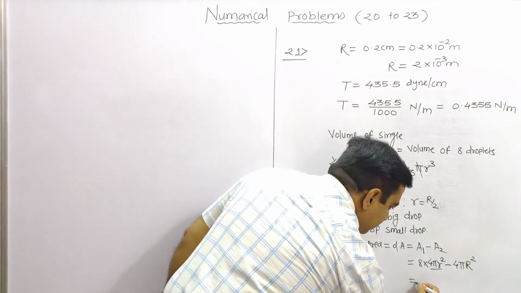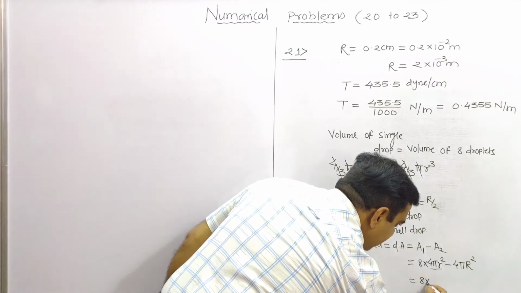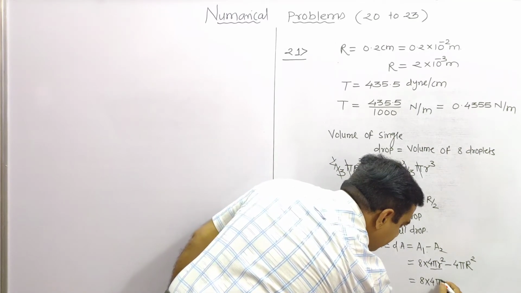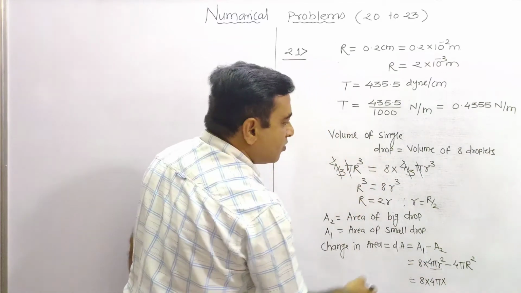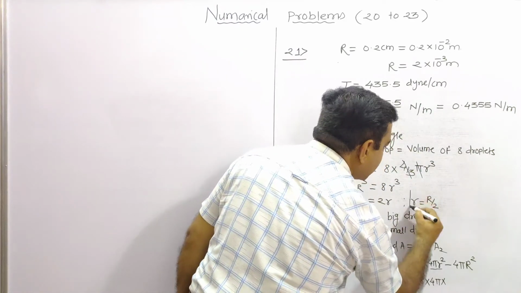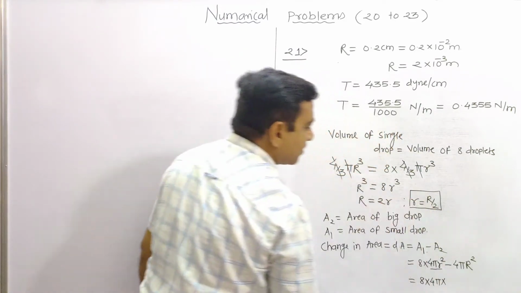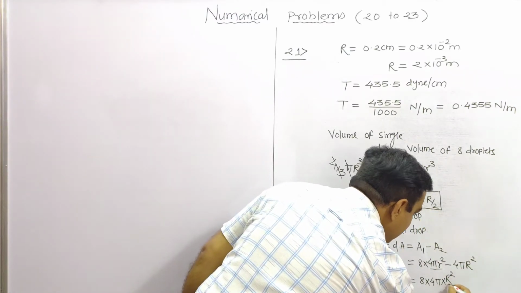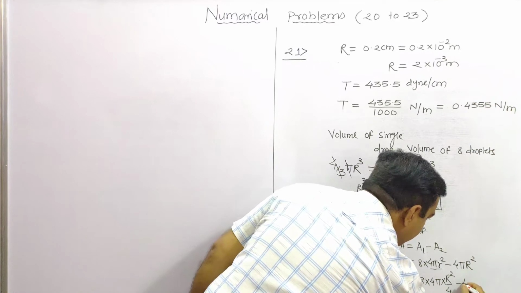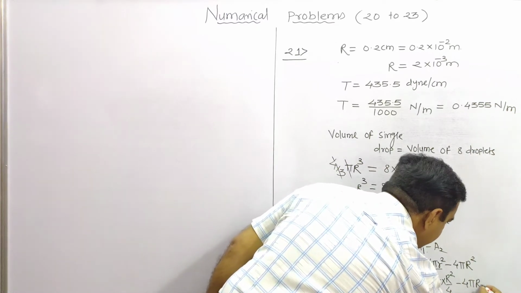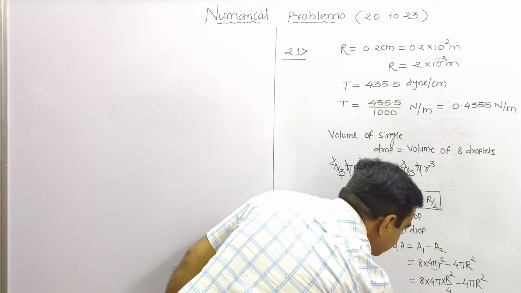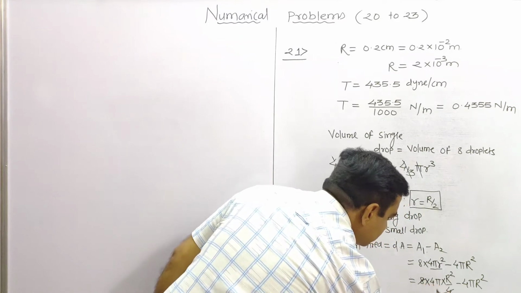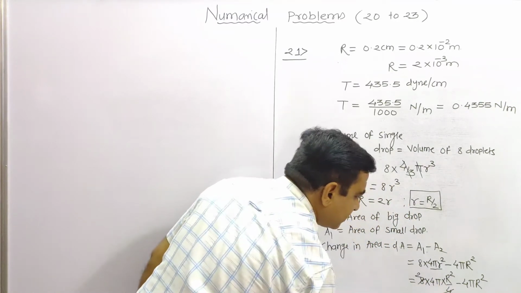So 8 into 4 pi into r, where r is how much? Here capital R upon 2 means r square upon 4. R square upon 4 minus 4 pi r square. So 4 into 2 is 8.